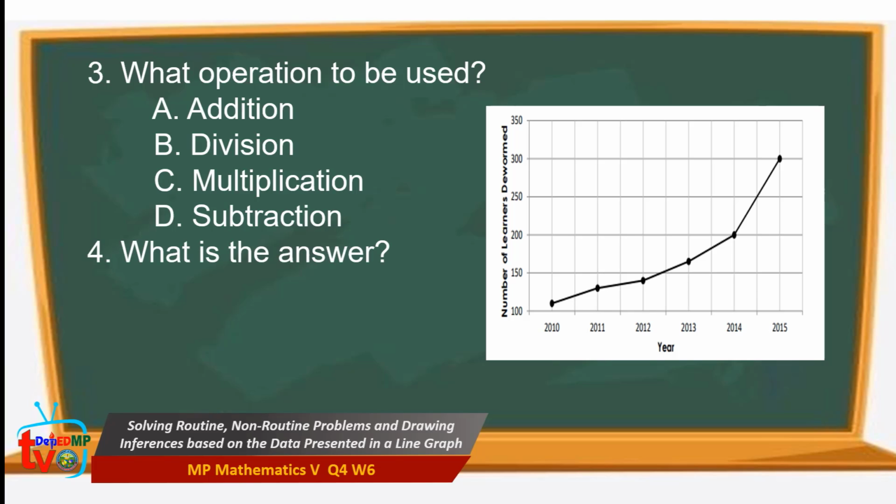What is the answer? A, 360. B, 370. C, 380. D, 390.